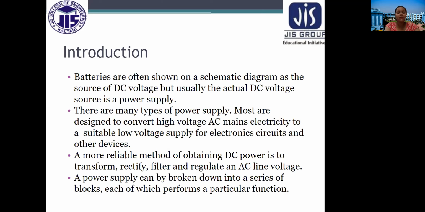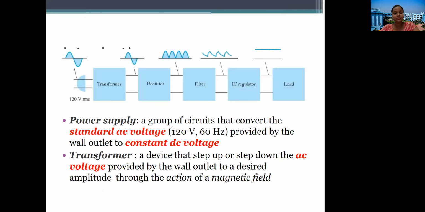A more reliable method for obtaining DC power is to transform, rectify, filter, and regulate an AC line voltage. A power supply can be broken down into a series of blocks, each of which performs a particular function.